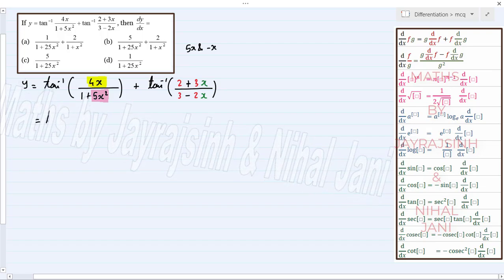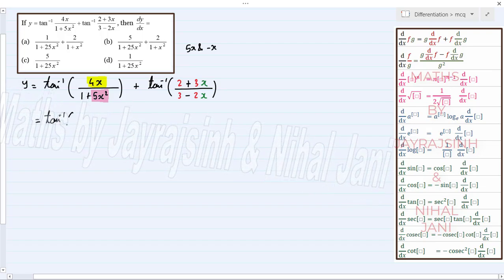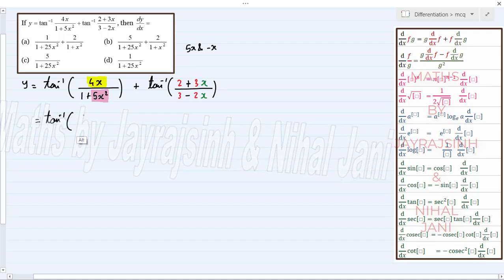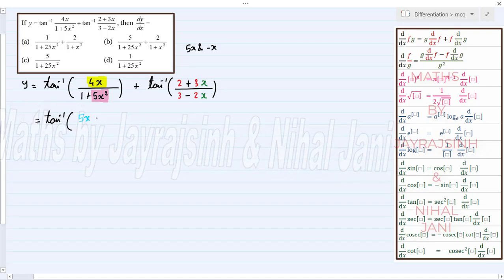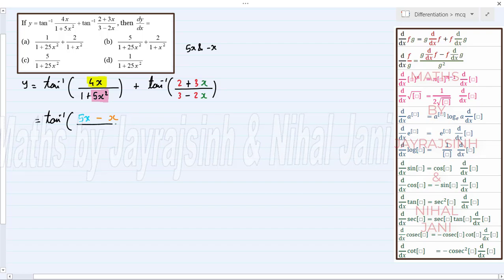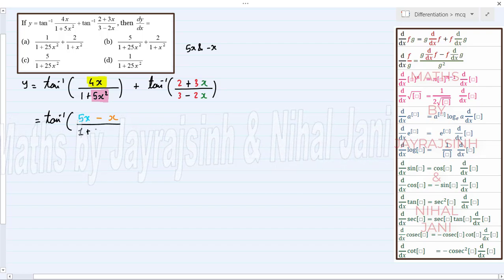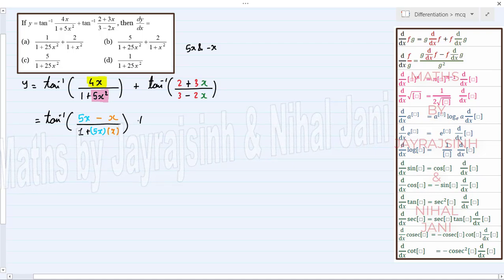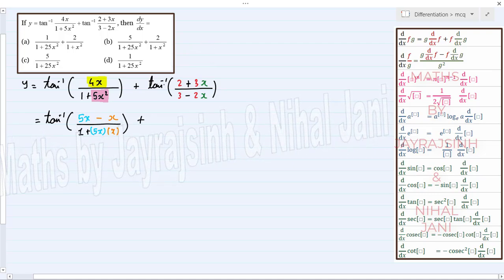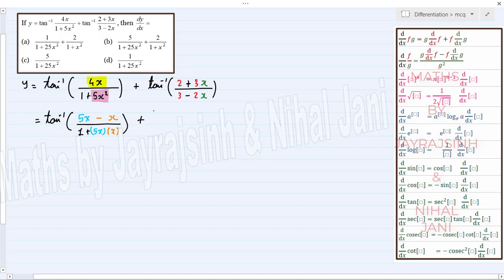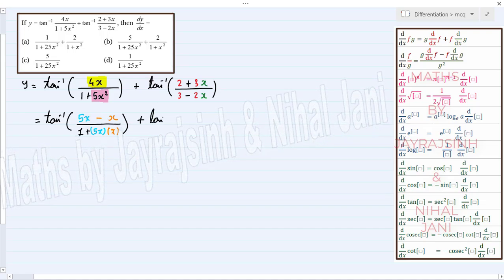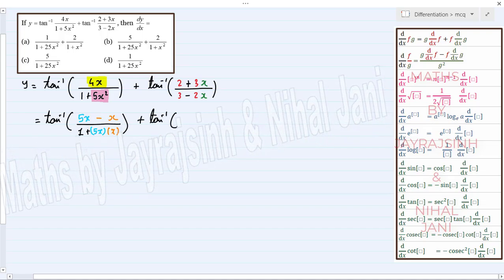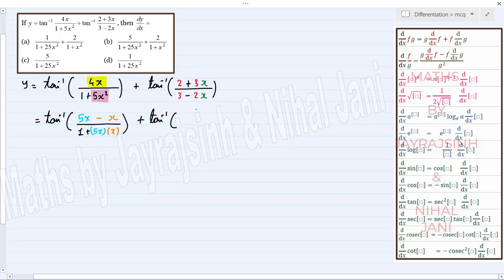So in the first term, this 4x will be simplified into 5x minus x upon 1 plus 5x into x. Now let's move to the second term. We have tan inverse of 2 plus 3x upon 3 minus 2x. To simplify this, we have to divide numerator as well as denominator by 3.